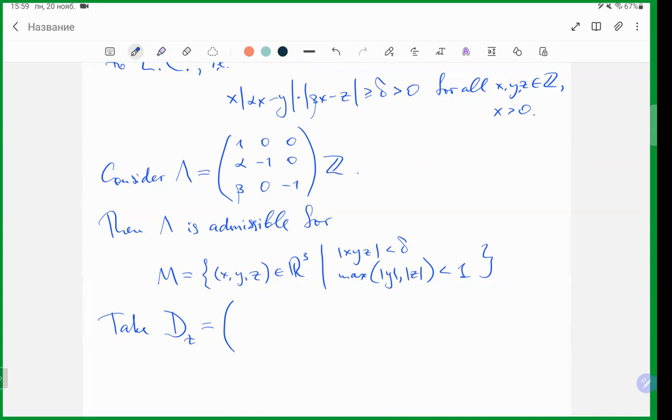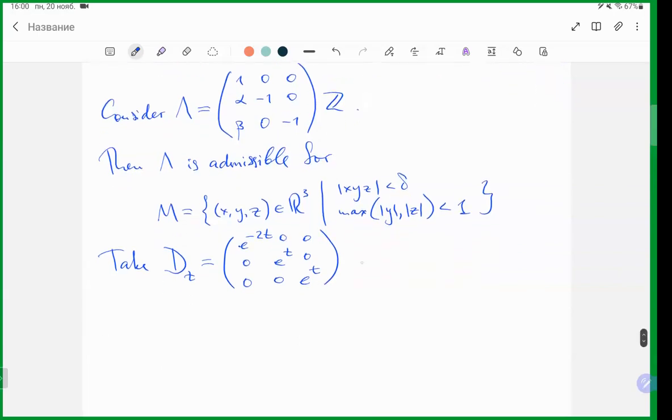So we contract the first coordinate by e to the minus 2t, and expand the second and the third coordinates, e to the t times. And let us extend t to plus infinity.